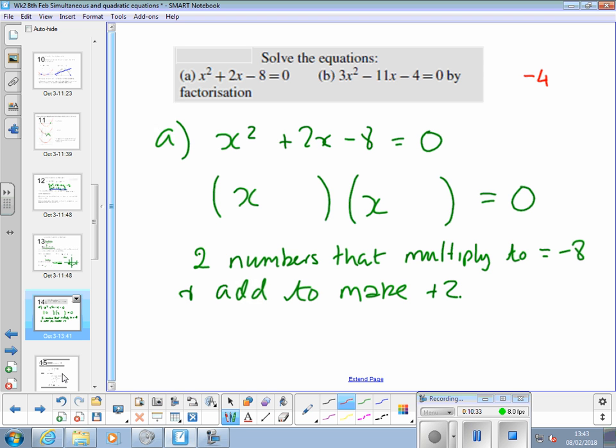Minus 4 plus 2, minus 2 plus 4, minus 1 plus 8, minus 8 and plus 1. So any one of those 4 would give us that minus 8 constant on the end, but which ones added together give us plus 2?